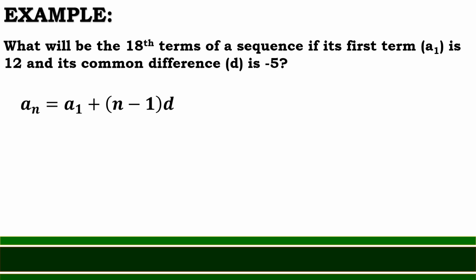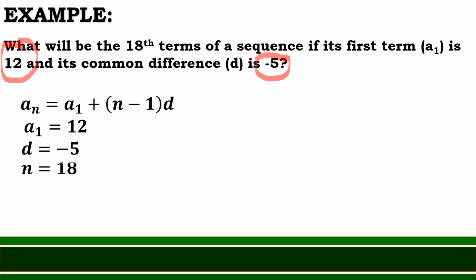So from this example, the value of a sub 1 here is 12, while the value of its common difference is negative 5. And of course, our n is 18. And in this case, we need to solve for a sub 18.